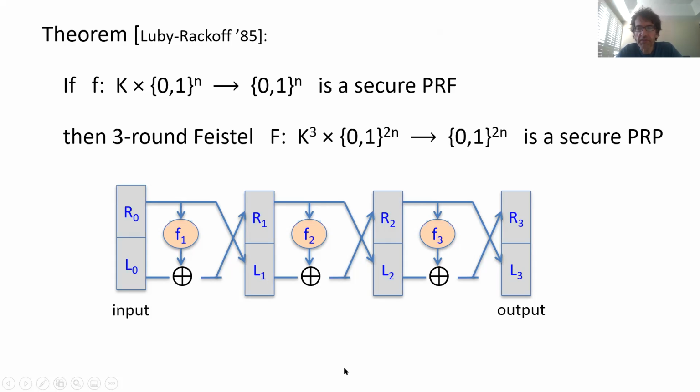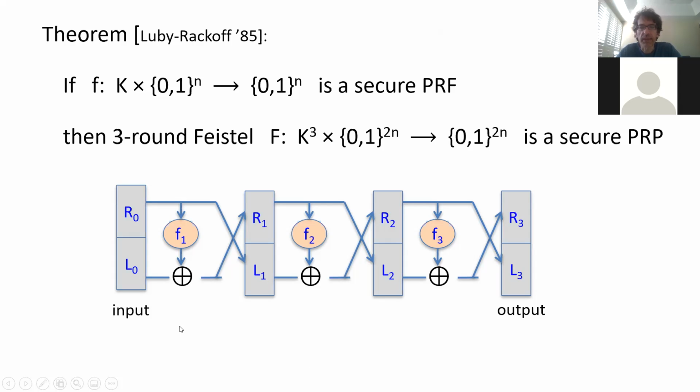If the adversary is faced with the following experiment, the challenger picked key of this 3-round Feistel at random. The 3-round Feistel key is a triple of keys, 1 for F1, 1 for F2, 1 for F3. And then, okay, so now these round functions are instantiated with random keys.